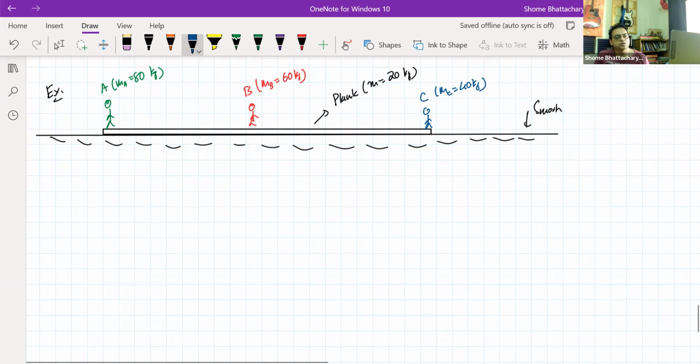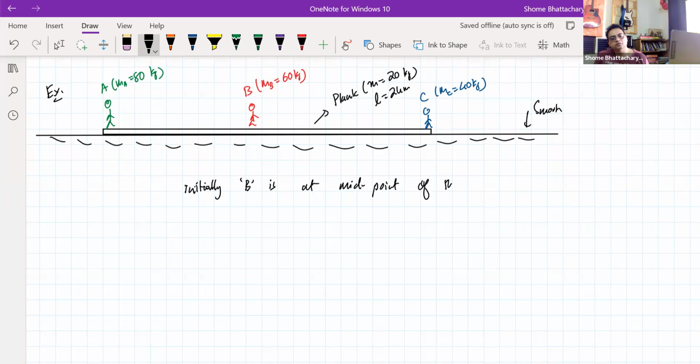And the length of the plank is given to us. It's 24 meters. Initially, B is at the midpoint of the plank. All are at rest, including the plank.